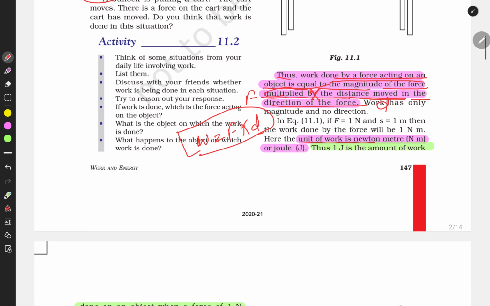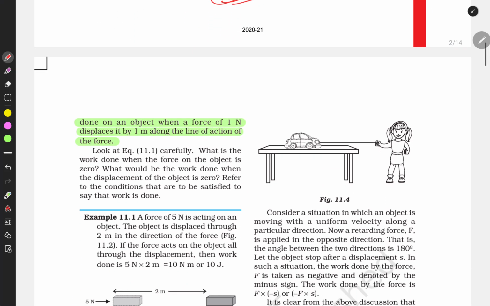The unit of work is the Newton meter. F is in Newton, and D is the distance in meter, so its unit will be Newton meter. Thus 1 joule is the amount of work done on an object when 1 Newton of force displaces it by 1 meter along the line of action.